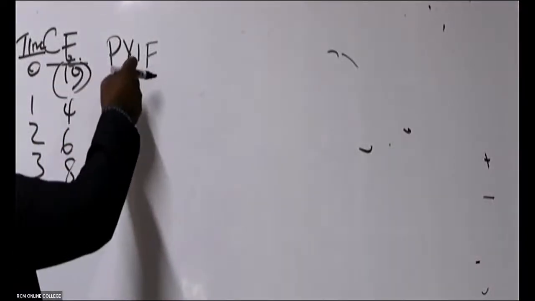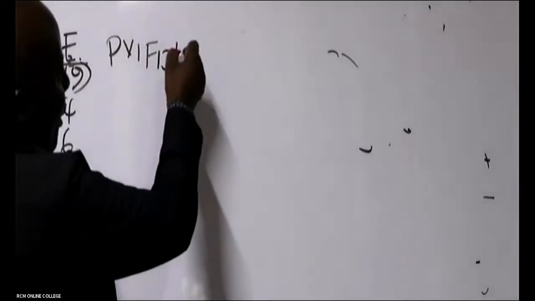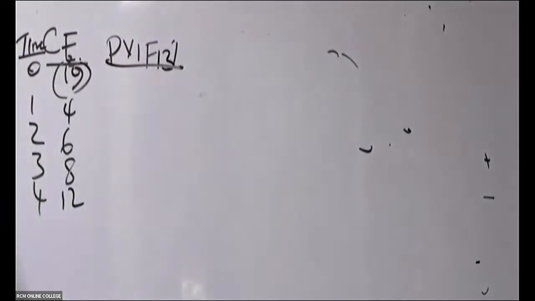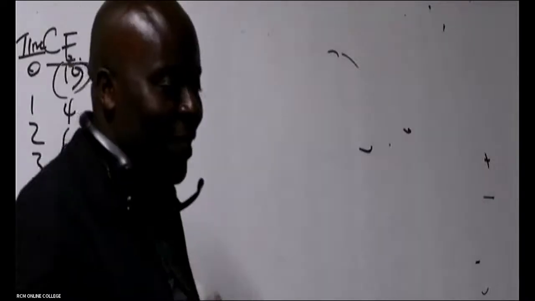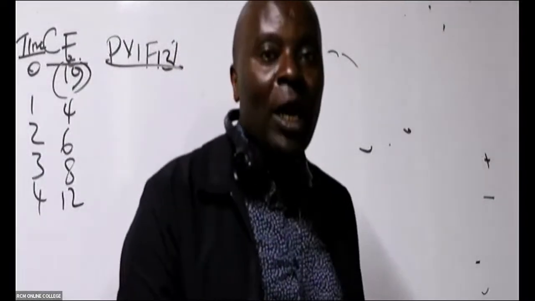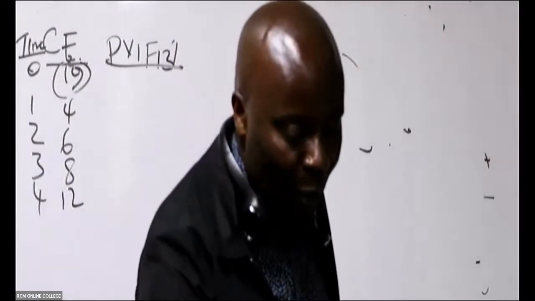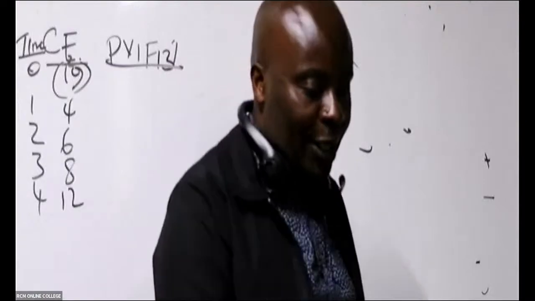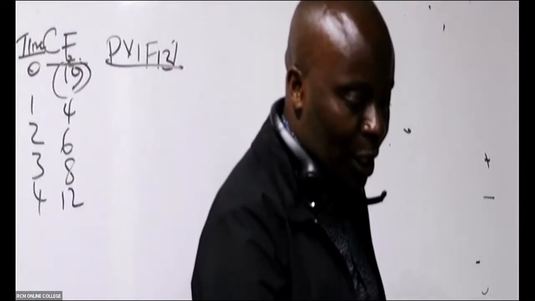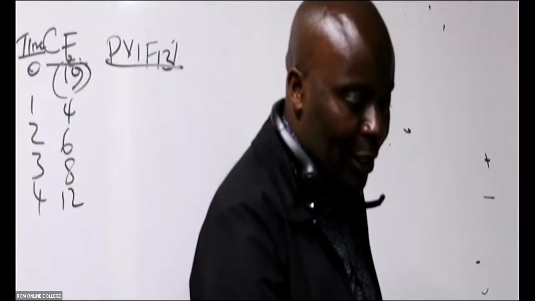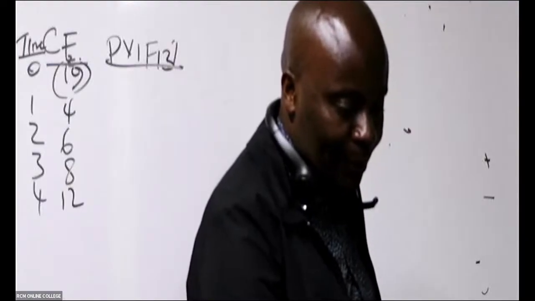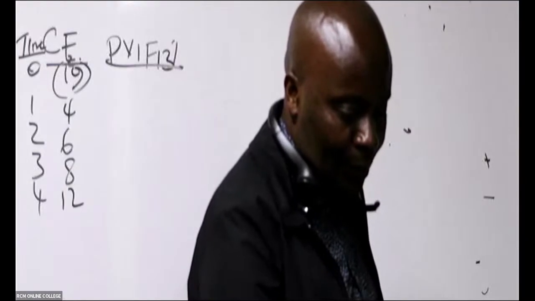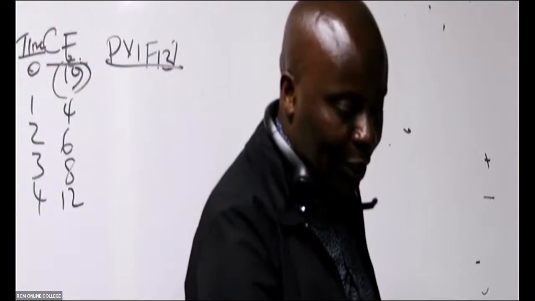So I'm going to use the present value interest factor at 13%. Before I start showing the examiner that I know the formula, first of all, I'll peep through my discount table. Let's see whether it has 13%.